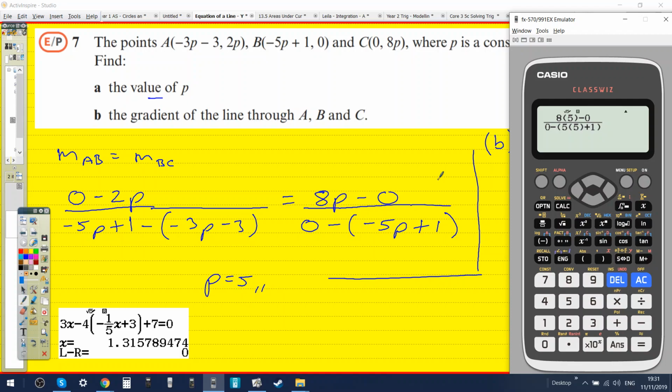I just got 0. I think it might be 5 over 3, minus 20 over 13. I'm not as good at doing it in my head. What did your thing simplify down to? 8p over 5p minus 1.